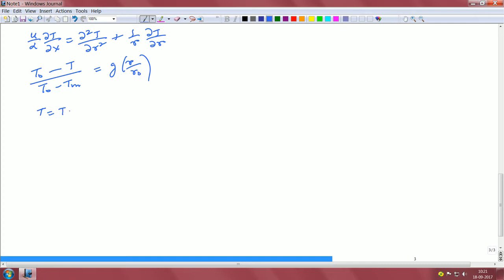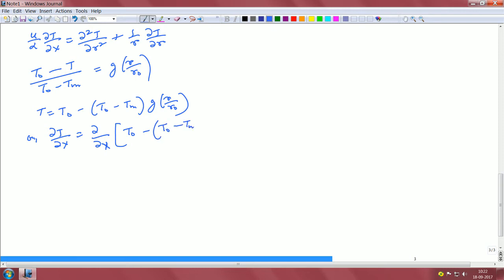So, T equal to T naught minus Tm into G of R by R naught, or dT by dx, this is G of R bar.